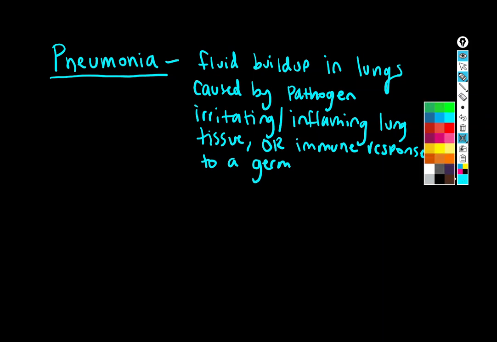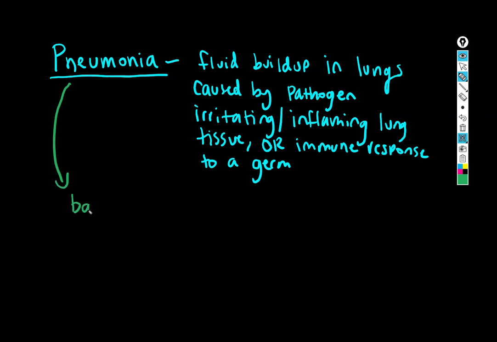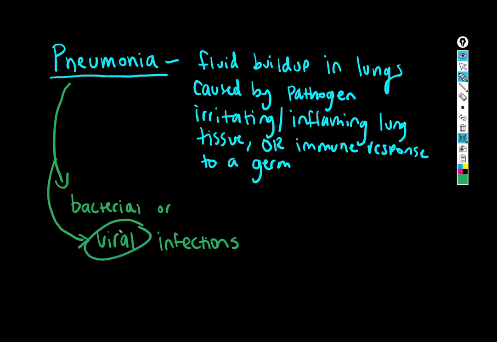Among the causes of pneumonia are bacteria or viral infections, kind of like meningitis. So, can COVID cause pneumonia? Absolutely. That's why most people that have died of COVID died, because they had pneumonia that was so intense that it was essentially untreatable.